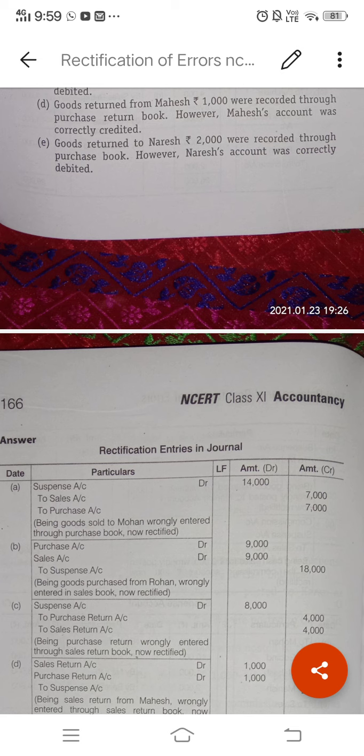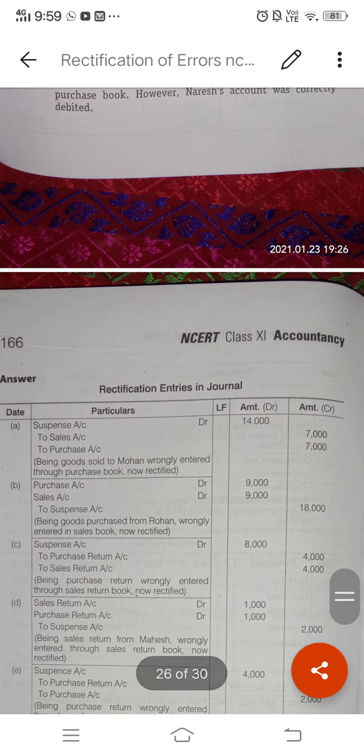And what is the correct debit? The sales return account is the correct debit. So totally 2,000 is to be transferred to the suspense account.